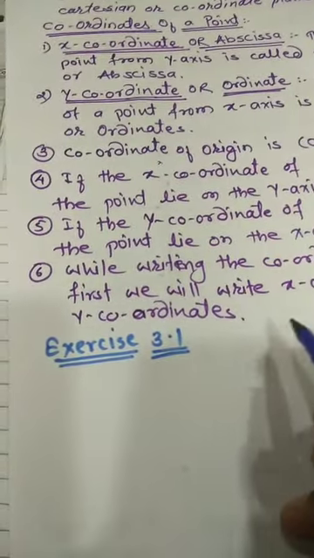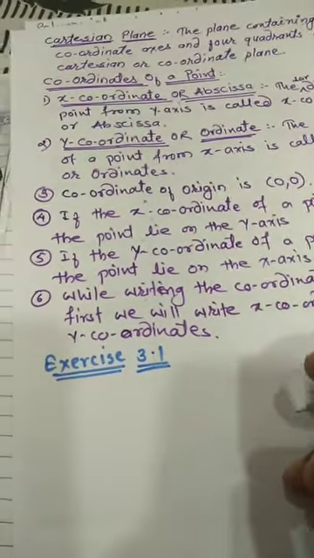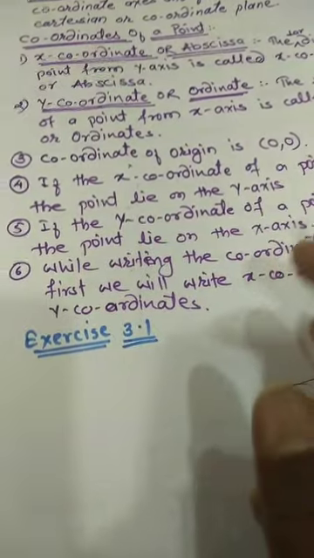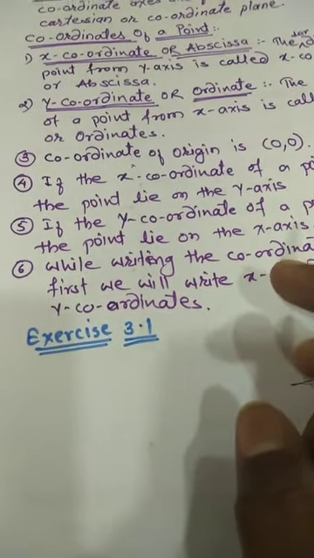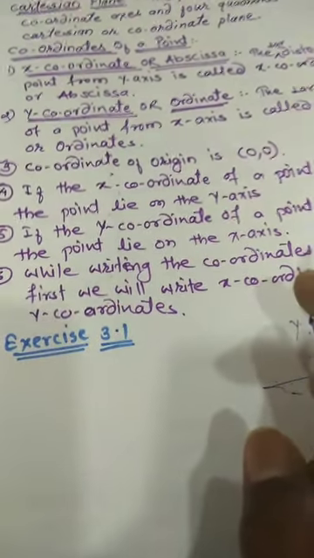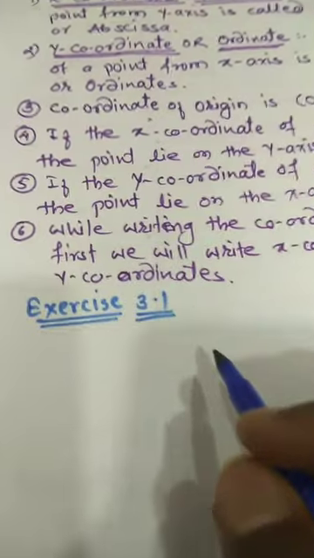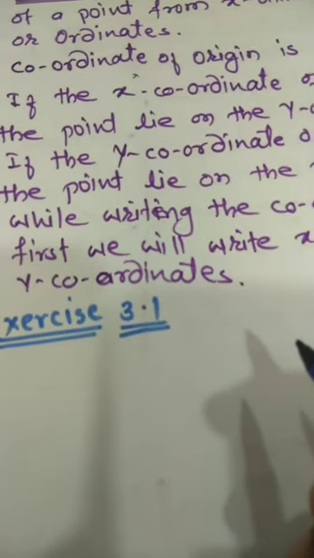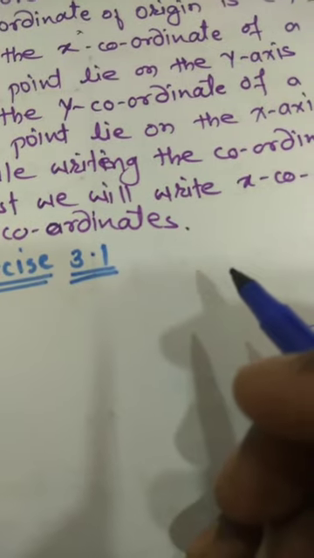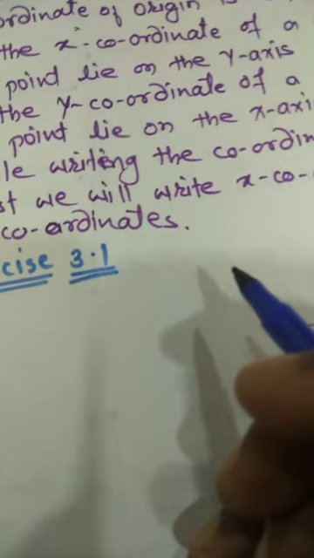Now see students, on the basis of this basic knowledge, the first exercise is given. The first exercise is totally based on basic knowledge. In the first exercise, the first question is given: How will you describe the position of a table lamp on your study table to another person?